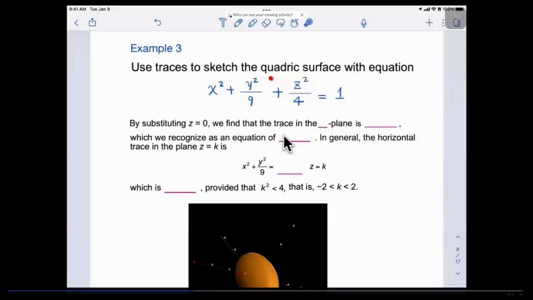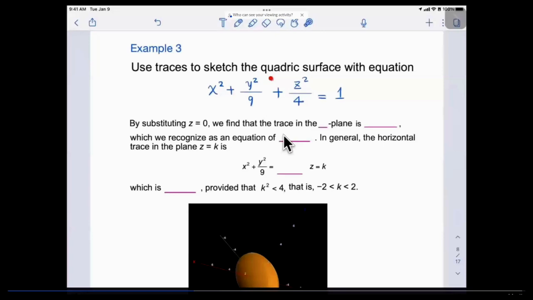So we put z equal to 0 in the equation and find the trace in the xy plane. With z equal to 0, what equation do you get?